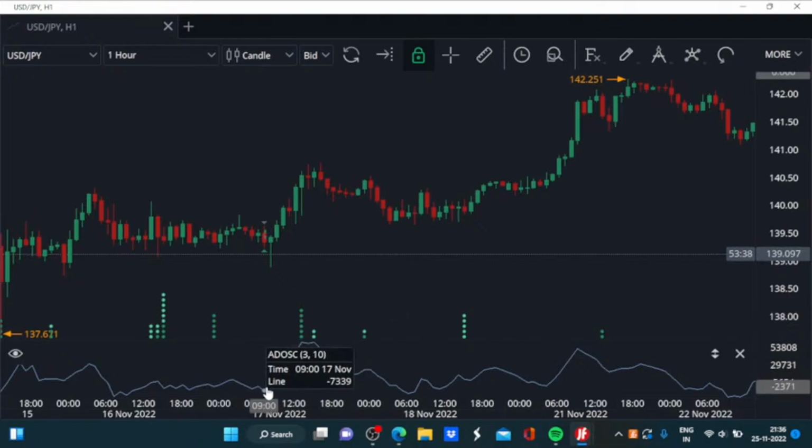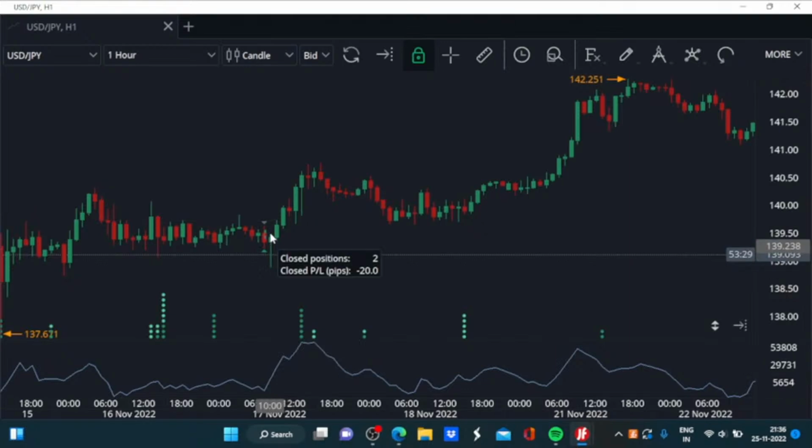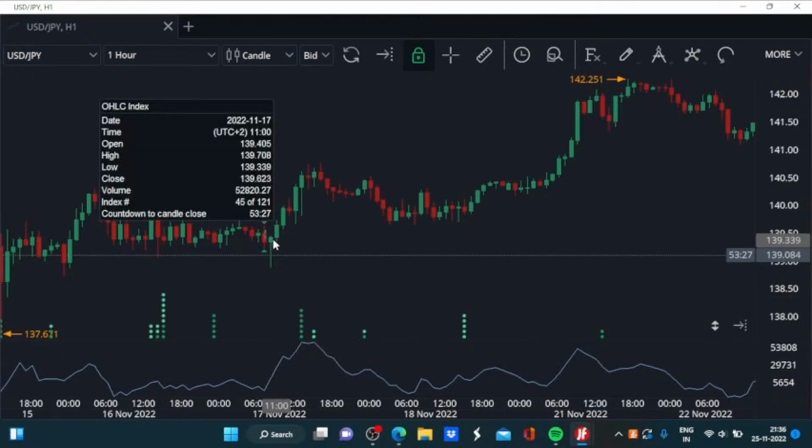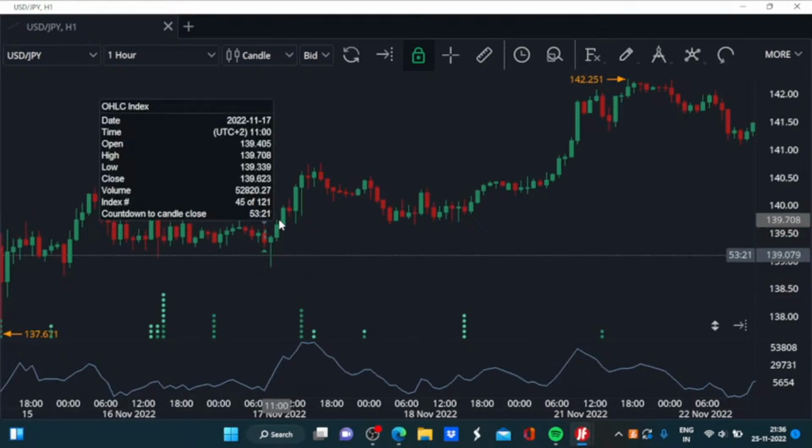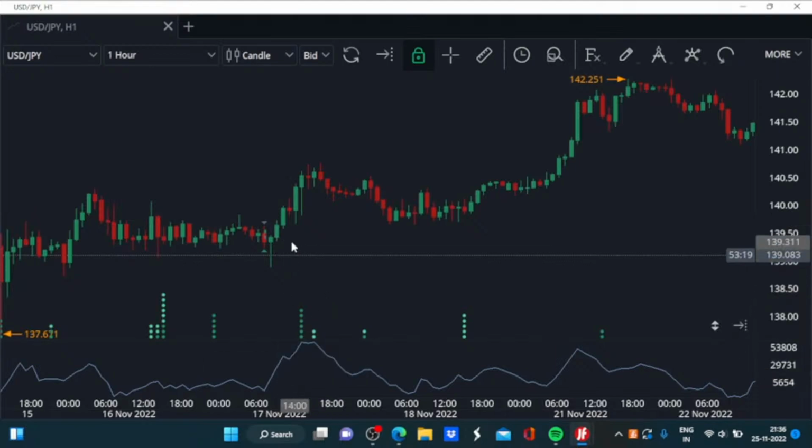Suppose, for example, here, if we look at its value for the AD oscillator, we saw the price action which is strongly turning on the bullish side. First, we get this move on the lower side, but it doesn't really sustain, and then we get this swift turnaround, and eventually it goes on to rise almost more than 100 pips.